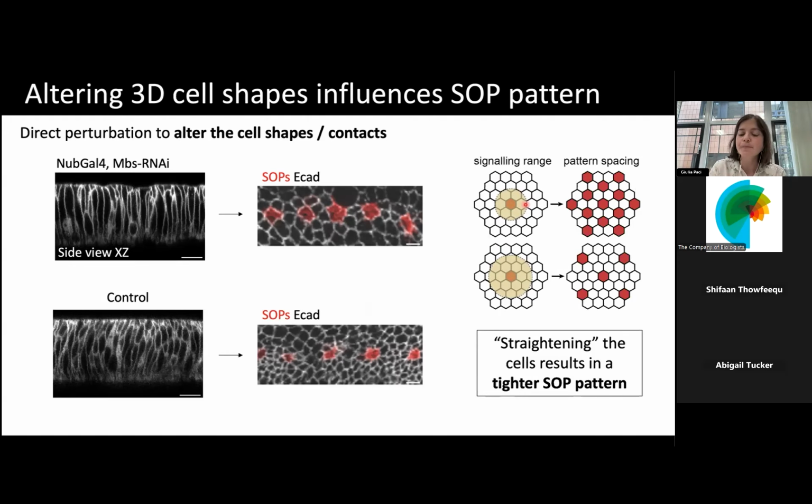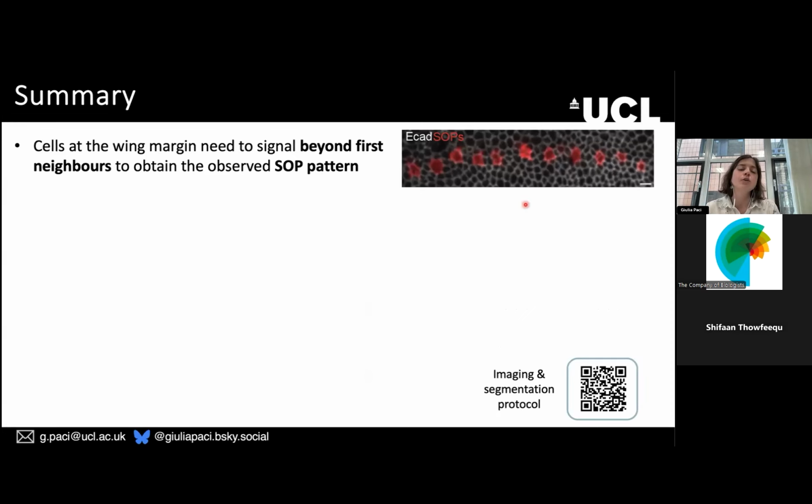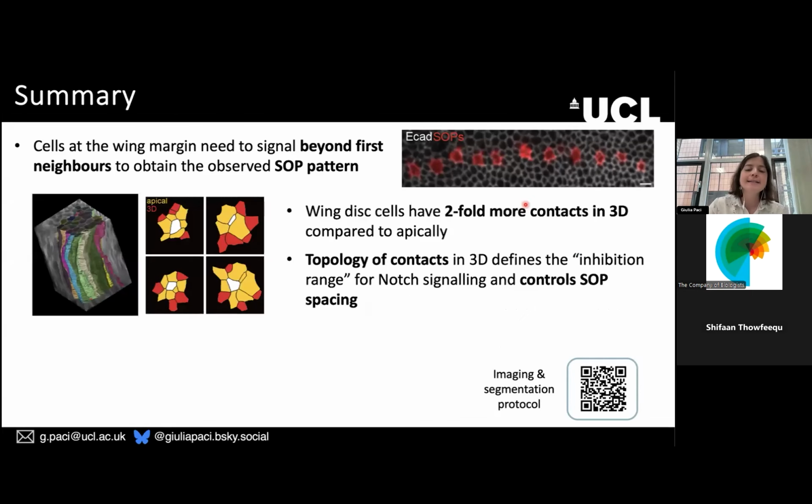Just to summarize what I've shown you, we've seen that the cells at the wing margin need to be able to signal beyond first neighbors to see the experimentally observed pattern of SOPs. We have developed this new imaging and segmentation pipeline to allow us to look at the contacts, and that has allowed us to find that the wing disc cells actually increase contacts by almost twofold.